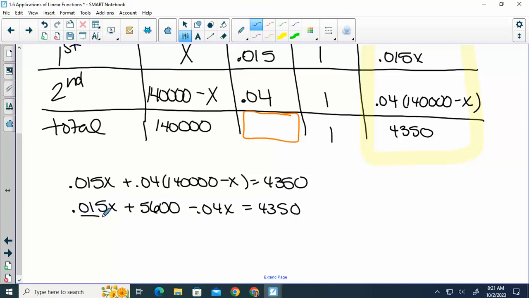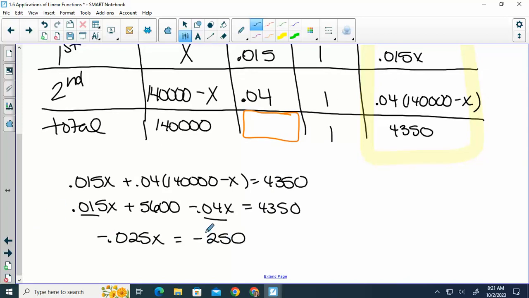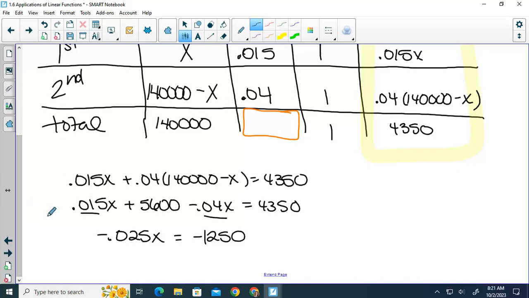Now combine like terms, so 0.015 minus 0.04 is negative 0.025. 4350 minus 5600 is negative 1250. And then we divide. So X is 50,000.